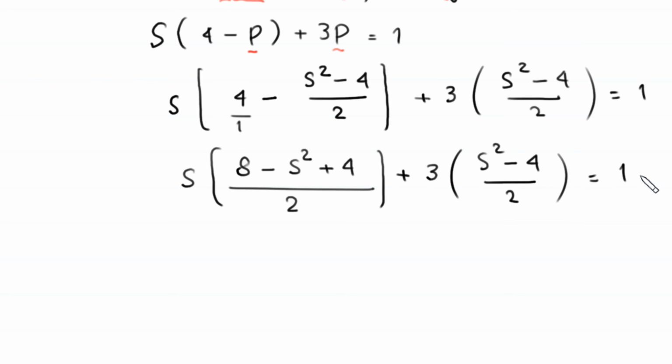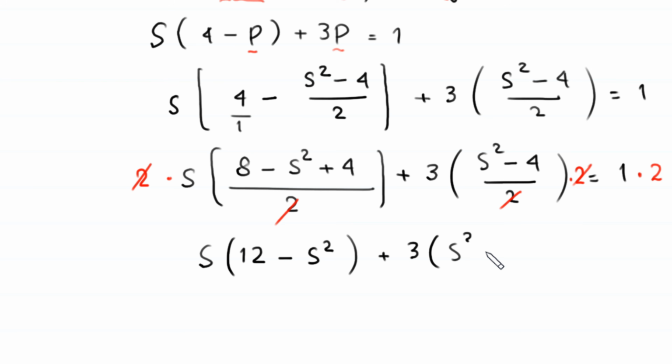Now we multiply both sides of this equation by 2. We multiply each term by 2. So this 2 will be cancelled with this 2 and this 2 will be cancelled with this 2. We are left with s times this 8 plus 4 will become 12 minus s squared plus 3 times s squared minus 4 equal to 1 times 2, 2.